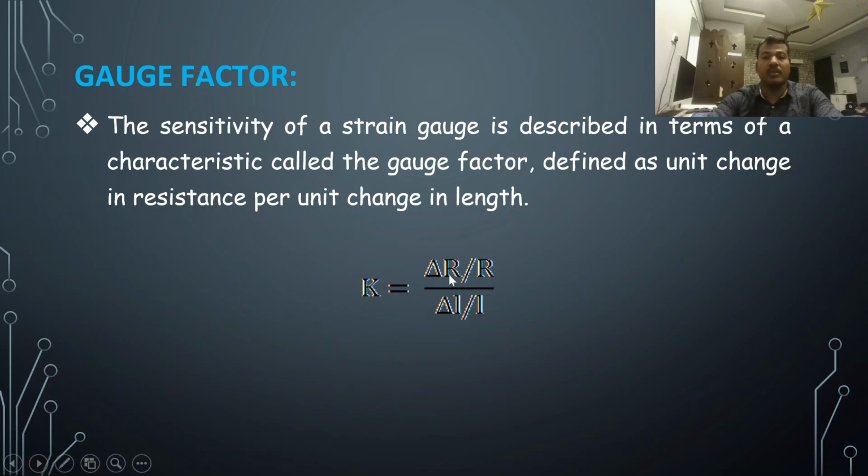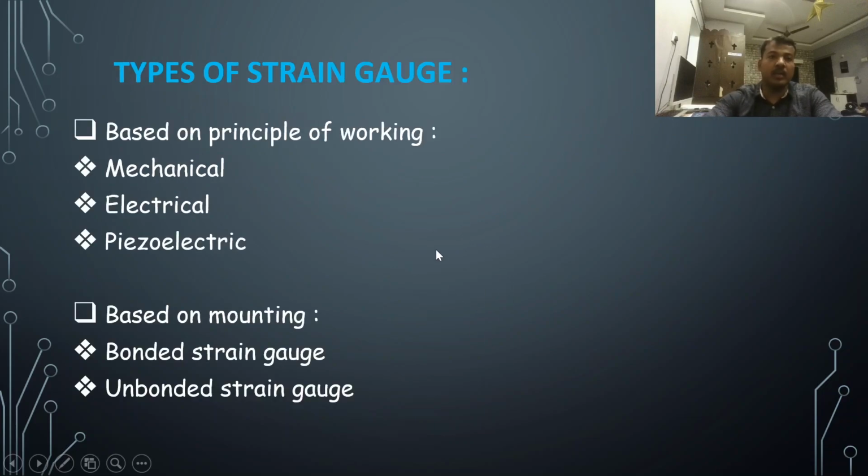Generally it is represented by del R by R divided by del L by L, where R is the resistance, del R is the change in resistance, and del L is the change in the length. This is what is called the gauge factor.